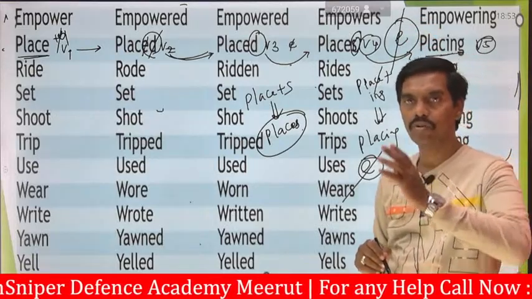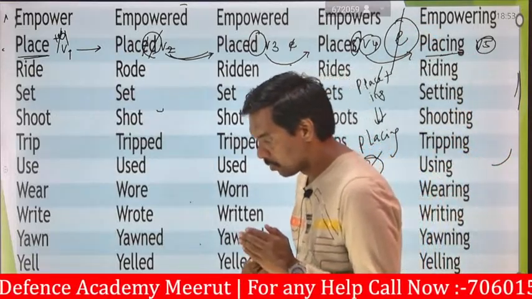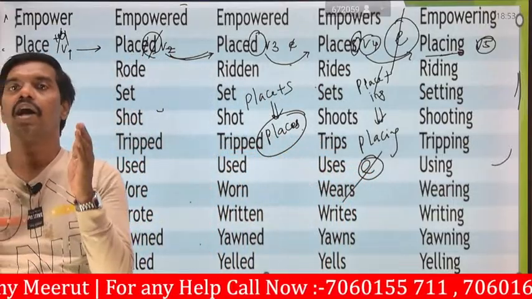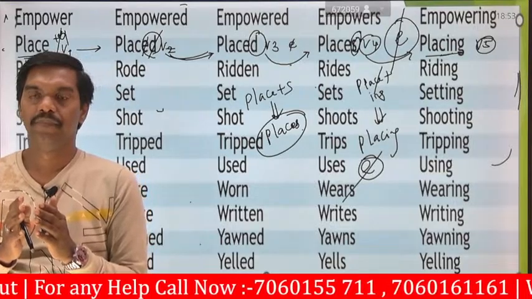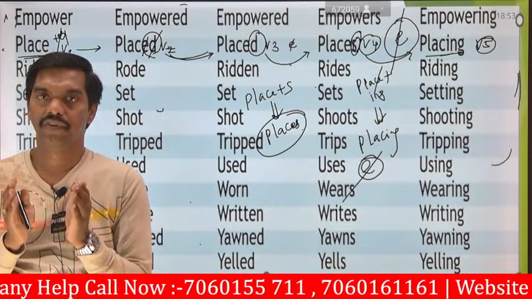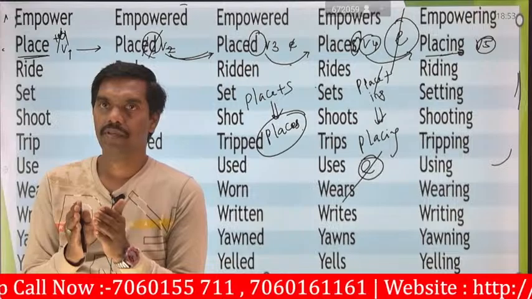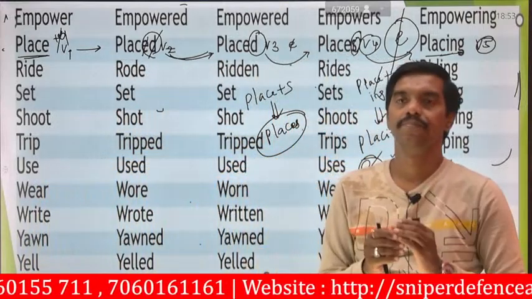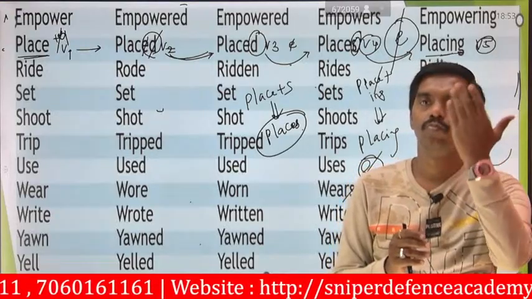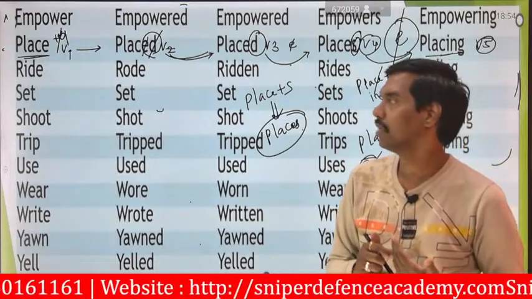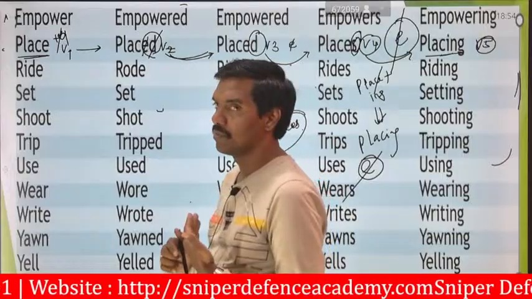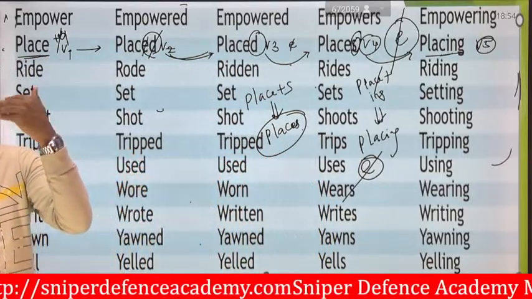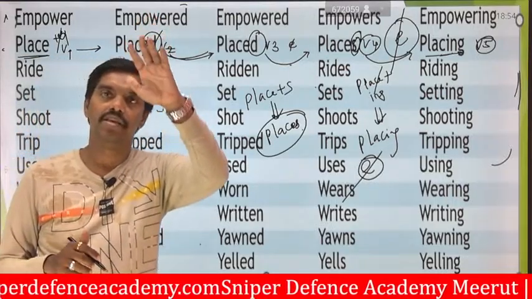So that is the thing you have to observe. Once you add some suffix to words, some of the letters will be silent. Once you practice it, it will come automatically. So place will be replaced in terms of placed, places, and placing.